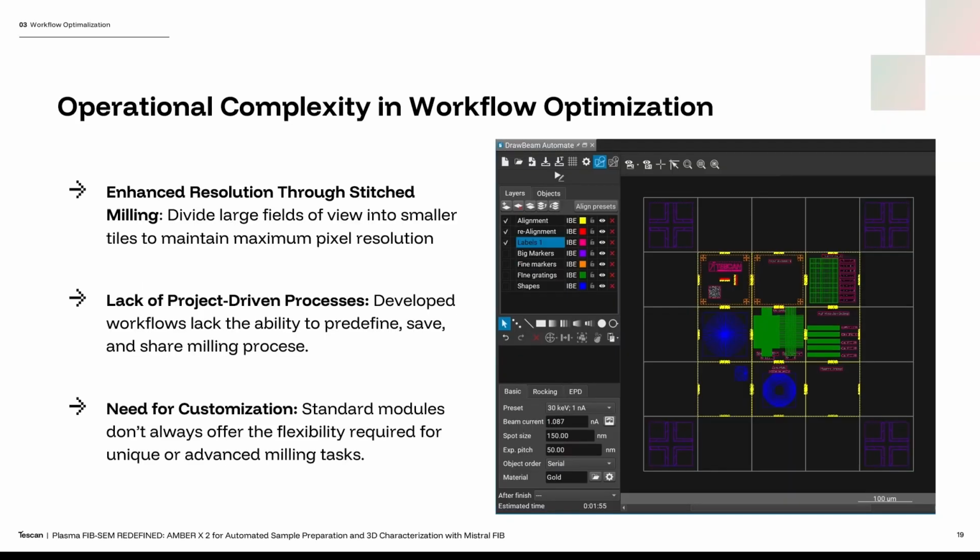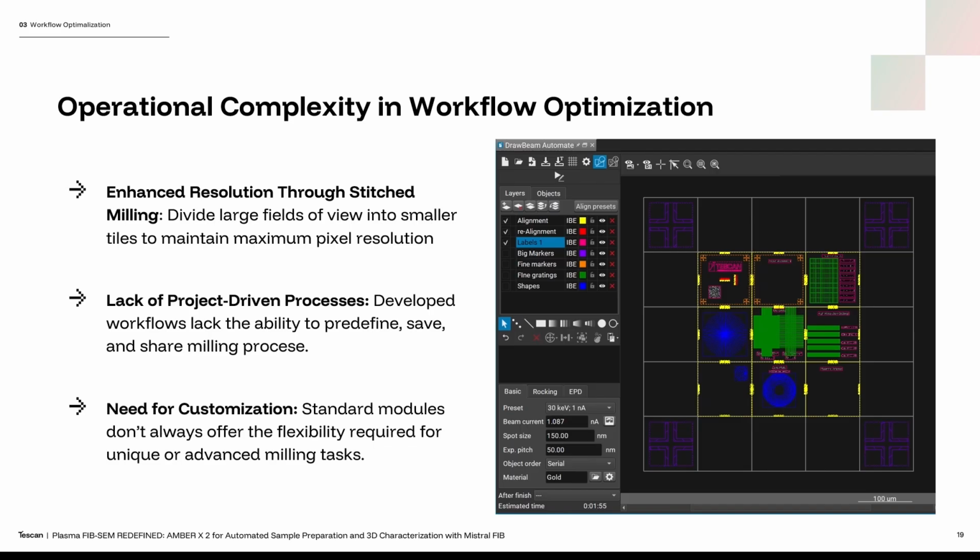It's about ensuring that every step in the process is precise, efficient, and adaptable. In FIB-SEM workflows, several key challenges often arise. First, how do we maintain resolution when working with many small specimens in large fields of view? Second, how can we standardize processes? Many workflows developed in the past can be predefined, saved, or shared, which improves consistency and scalability.